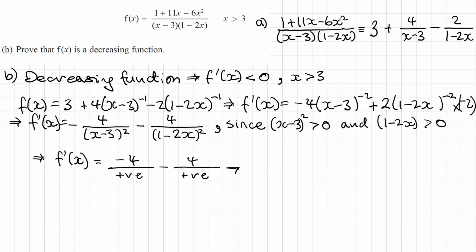So then what we basically have is a negative minus a negative, which is going to be negative. And that means it's always less than 0.